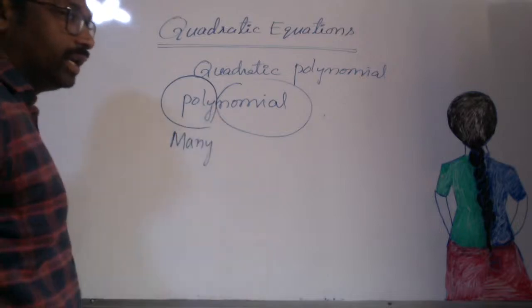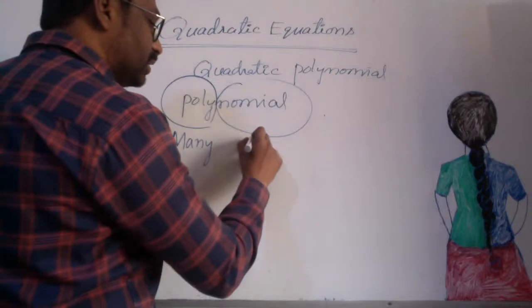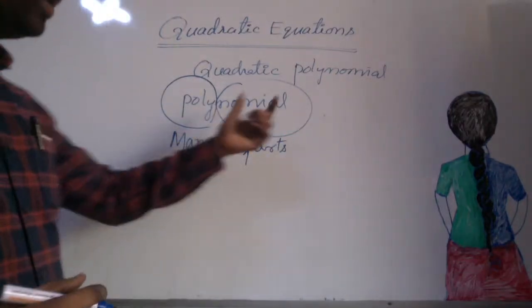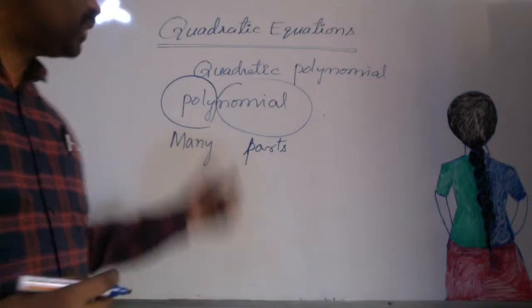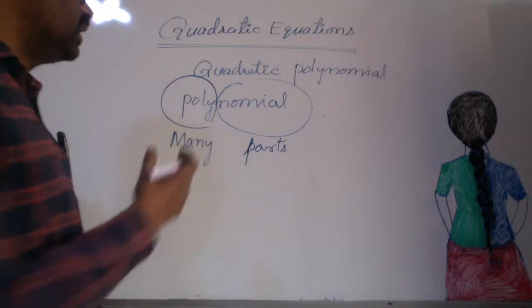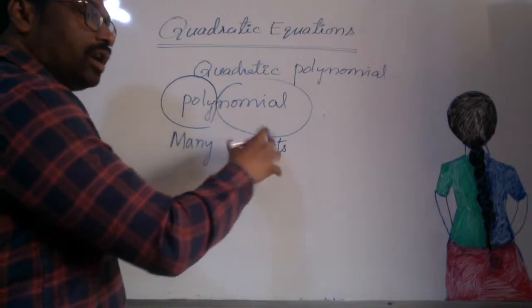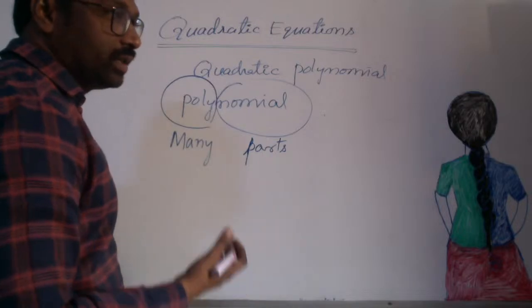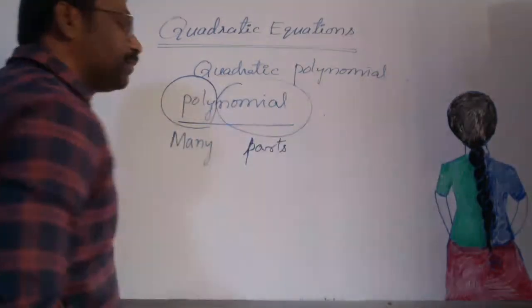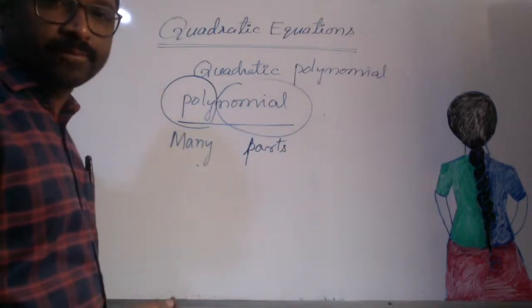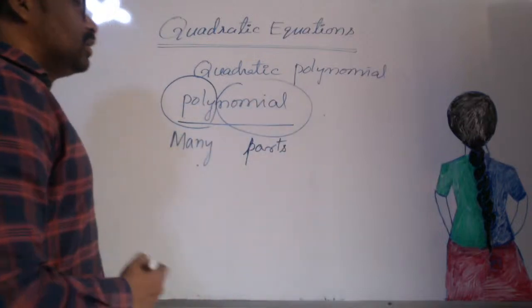Poly means many. Nomial means parts of the expression. So many parts is referred to as a polynomial. A polynomial has one or more terms, and such an expression is called a polynomial.